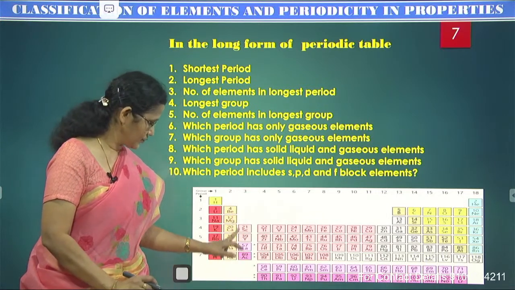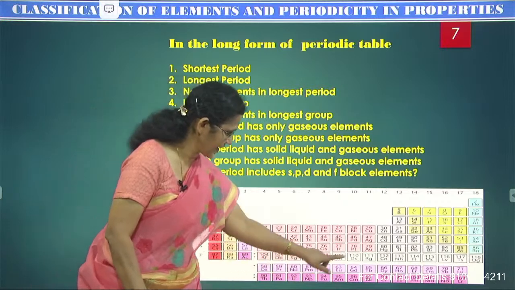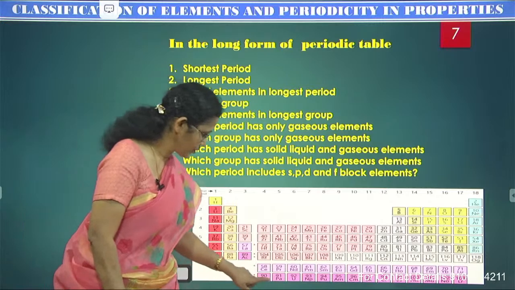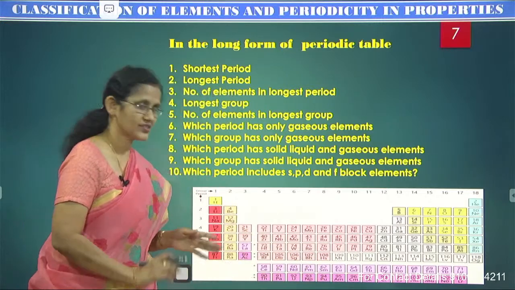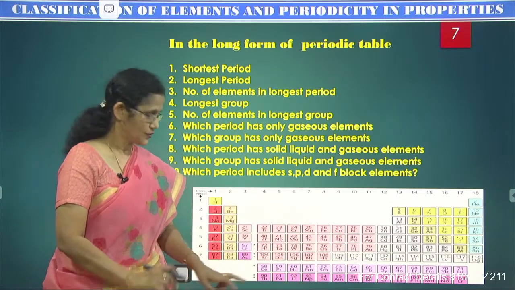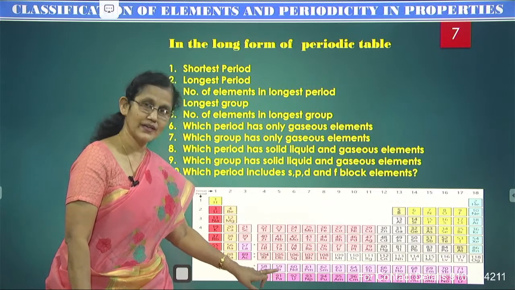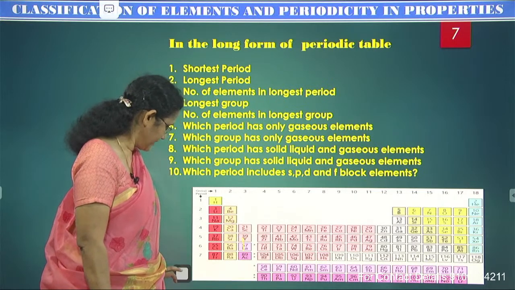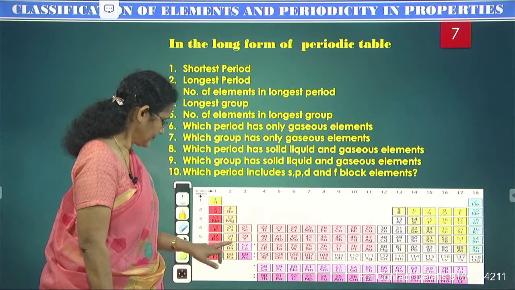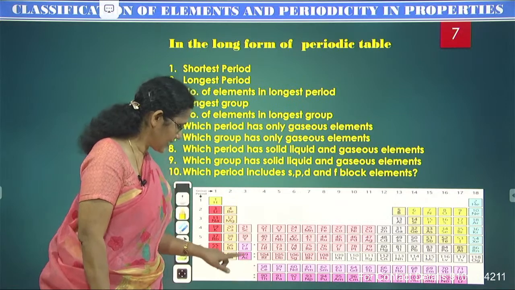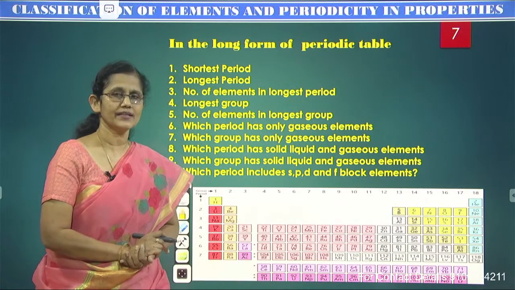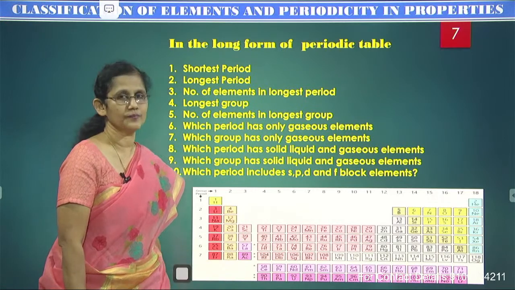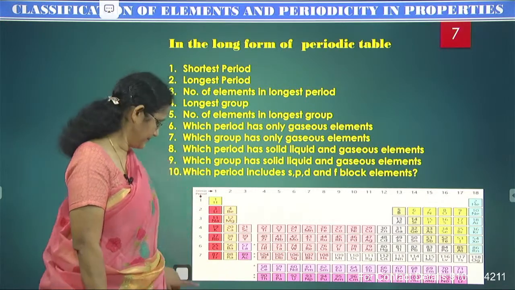Along with these 4 elements, the 14 lanthanides should be placed along with lanthanum. The 14 actinides should be placed along with actinium. So, 14 plus 14, 28 elements should be placed in third group. So 28 elements along with that 4 elements together 32 elements should be accommodated in third group or 3B group.